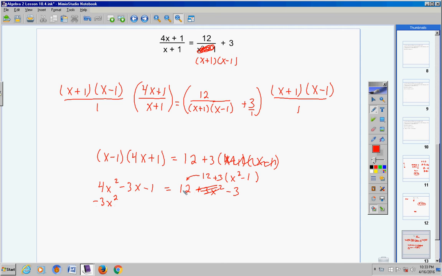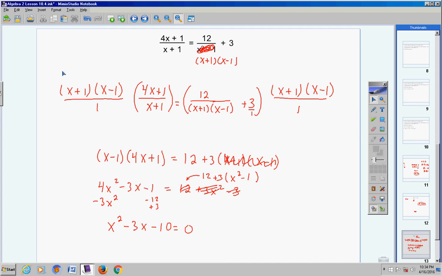Bring your 12 over, makes it a negative 12. And also bring your 3 over and make it a positive 3. So let's see what we're left over with, okay? 4 minus 3 is 1x squared. Bring down your negative 3x. And then I have negative 13, positive 3, negative 10. So there we go. All of this simplified down to this, okay?